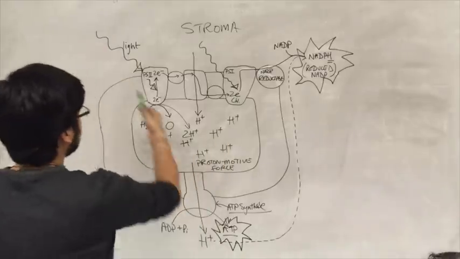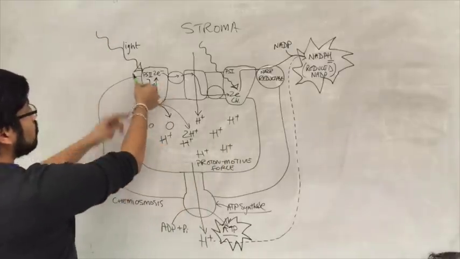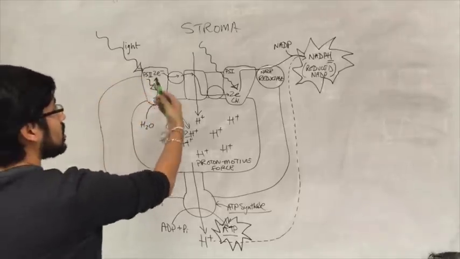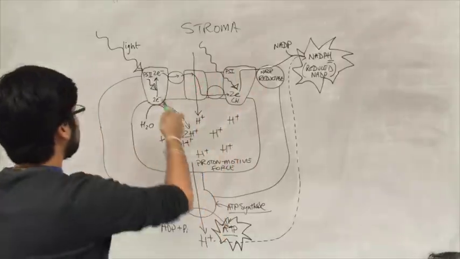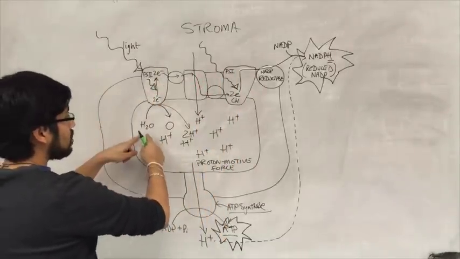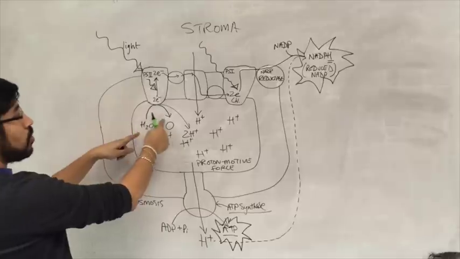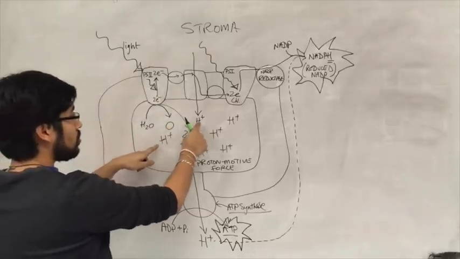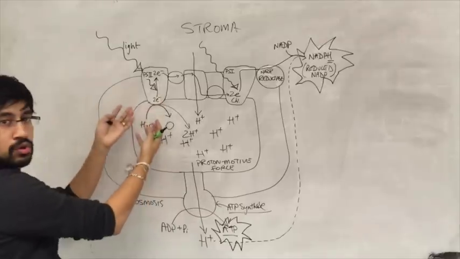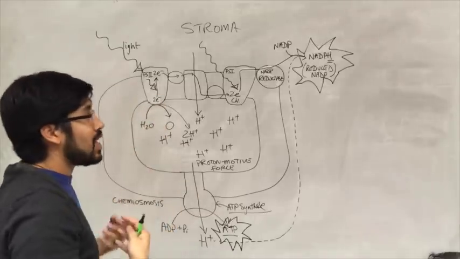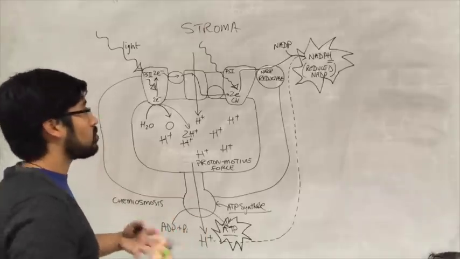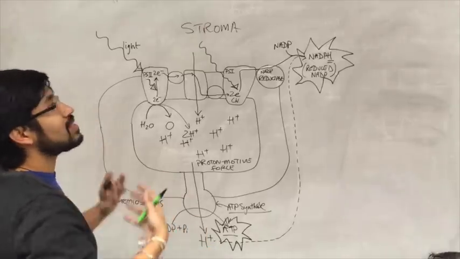So, let's do that. Light was absorbed in photosystem 2. Chlorophyll's electrons got excited and left. These electrons were replaced by the splitting of water into oxygen, 2 protons, and 2 electrons. So the 2 electrons went to the chlorophyll, which has now replaced its lost electrons.